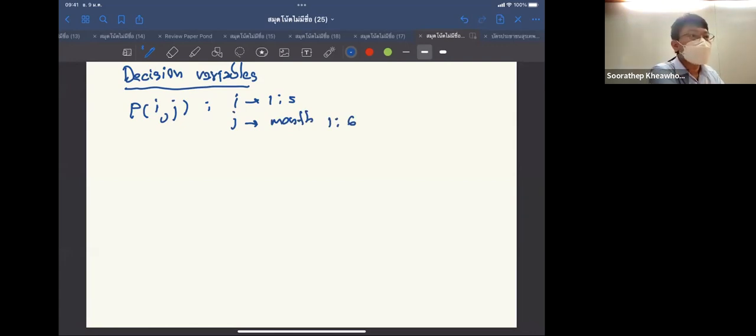Okay. This matrix represents each type of oil, the amount of each type of oil we purchase at the beginning of each month. And what else? Storage. Okay, storage. So tank.